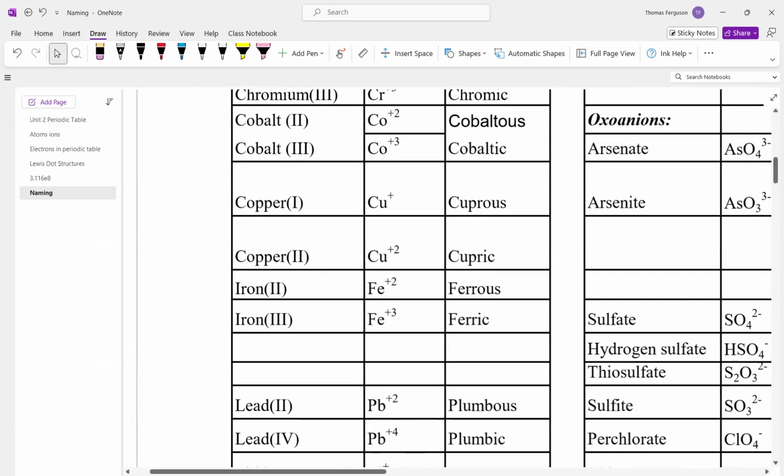Now, if you were to look at a food label, and in your food label is copper sulfate, for example, they're not going to say copper 3 sulfate. You're going to say cupric sulfate. And whenever there are two versions, two names, I've listed them here.